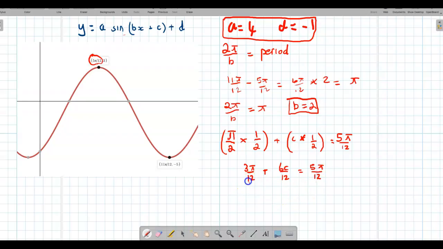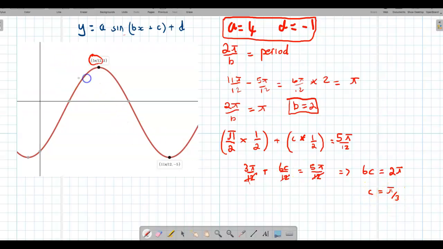Now that allows me to just go through and work out therefore that 6C is equal to 5 pi take away 3 pi, which equals 2 pi. So this is really just a little bit of algebra and fractions that I'm doing here. So 2 divided by 6 gives me a third, so C is pi over 3.